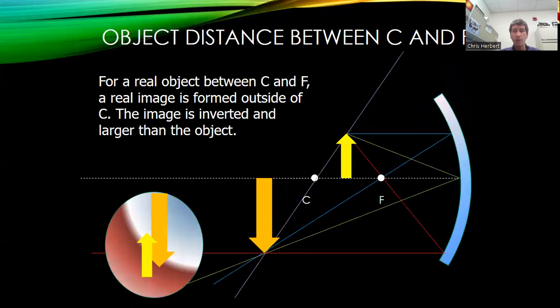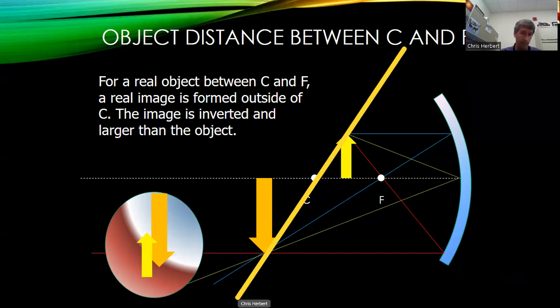Now we're going to move it between the center of curvature and the focal point. Now the rays become a little bit more difficult to draw. You've got to be a little bit careful here. The one that goes through the center of curvature simply passes right through here.